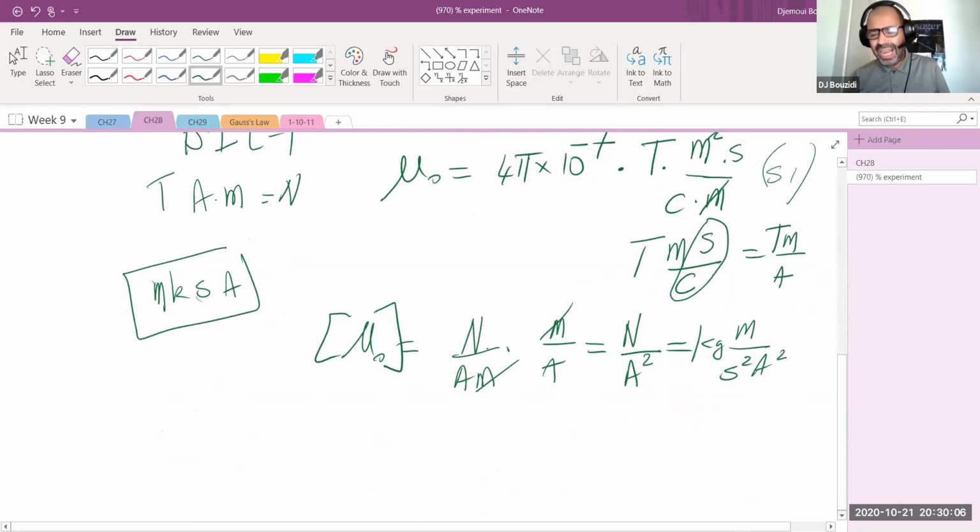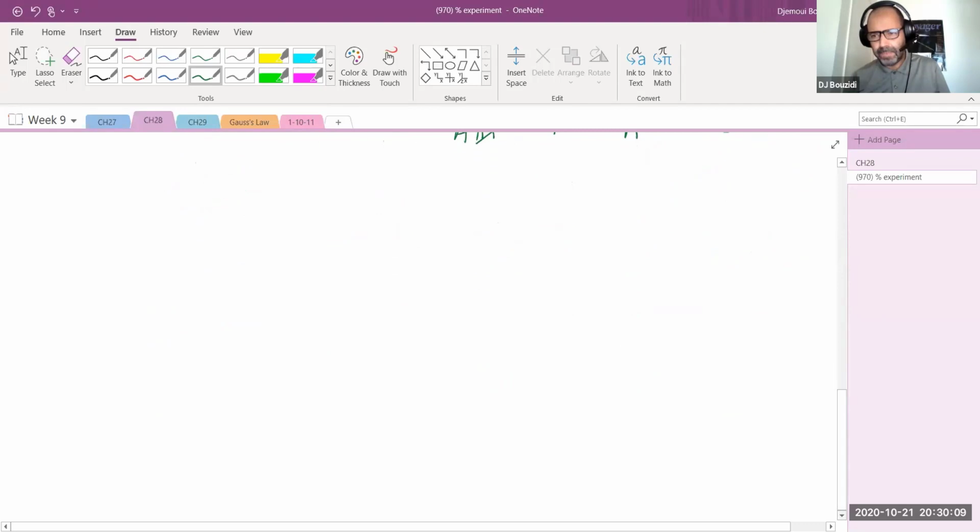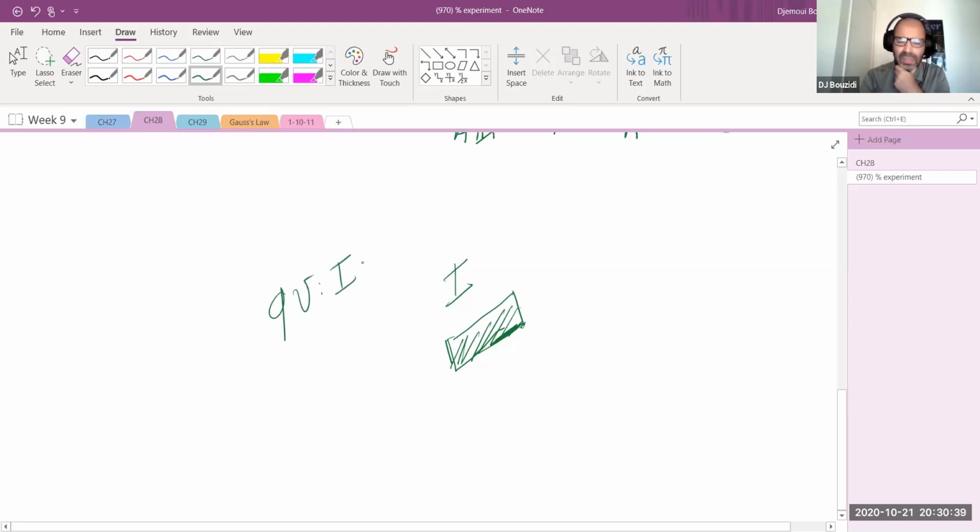Now, if I have a wire, and I take an element of a wire that has a current I running through it, I can argue that the charge Q times V, which is the charge per unit time, can be the same, at least dimensionally, in terms of this point charge, as an element of length.